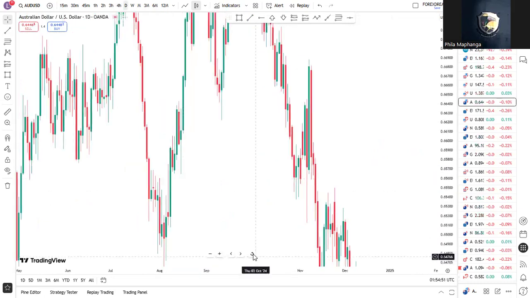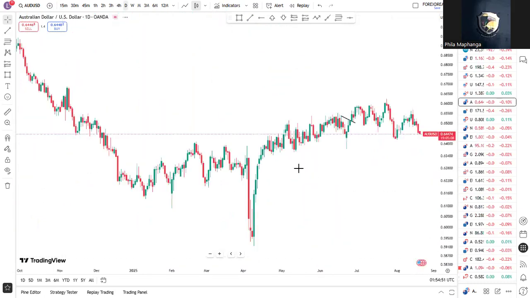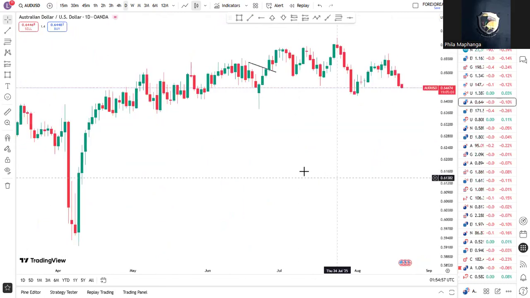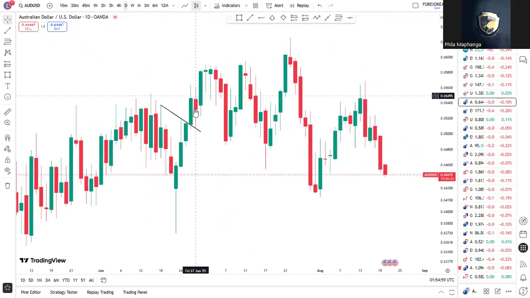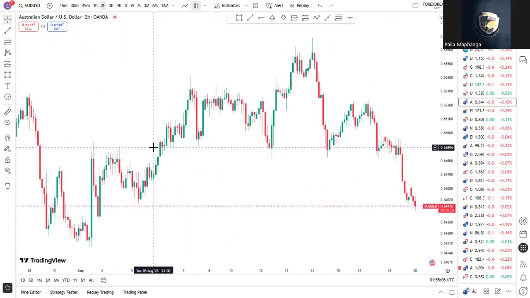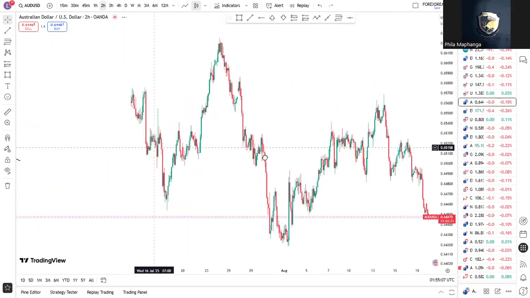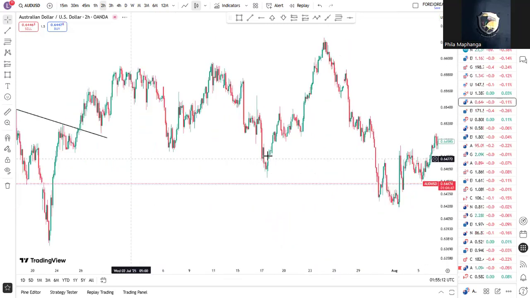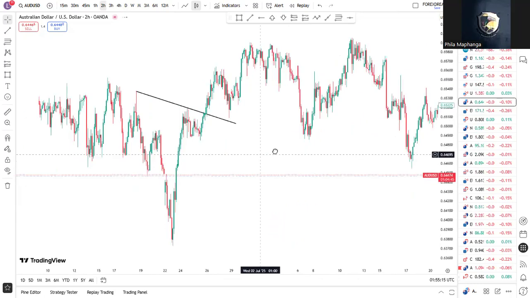Instead, they created a continuation pattern as the market was coming back to test there. If we go to 2 hour, we're going to find a break of structure. Let's use the break of structure on the 2 hour chart.